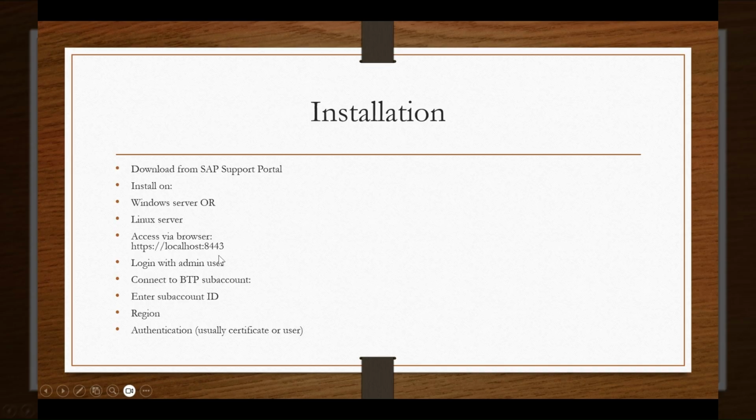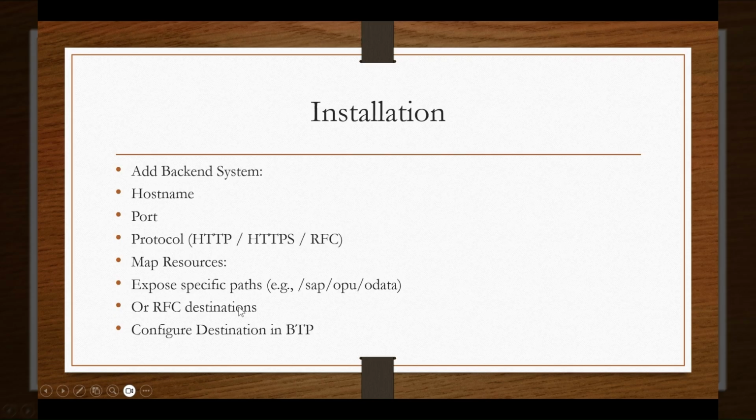Then you have to log in and connect to the BTP sub account, entering the sub account ID, region, and authentication. Add the systems that are required, with which the connection is to be established. You have to set the host name, port, and protocol to be used. So these are the steps that you need to understand.